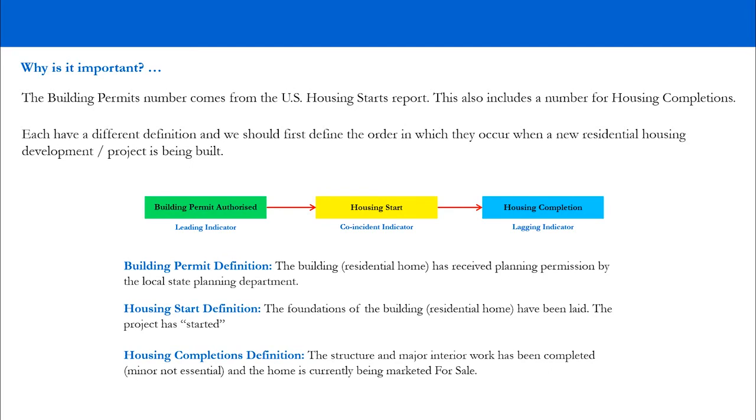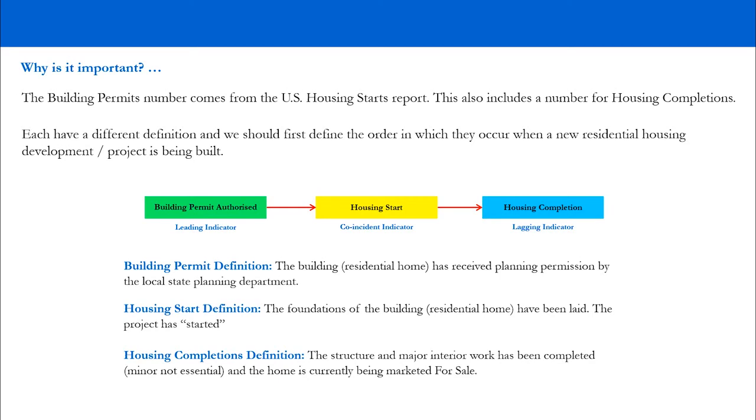We start off as a property developer putting in a planning application at the local state planning department to build a home. We then start building the home, and that's why it's called a housing start, because we start by building the foundations after we've received the planning permission. And then later, once the house has been built, the house is then marketed for sale.